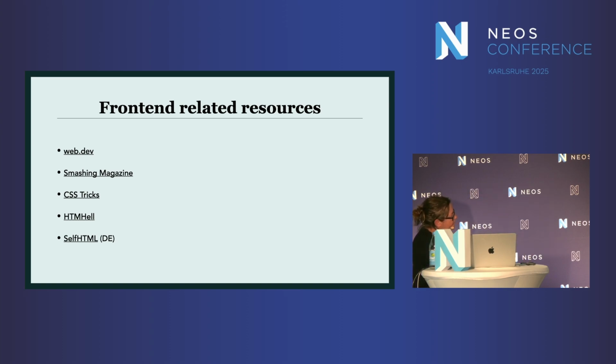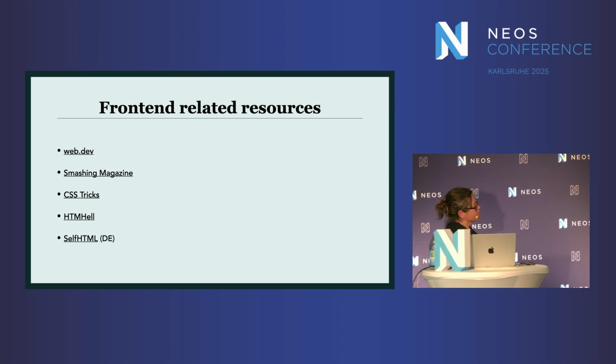CSS-Tricks does not have that much HTML content, but I want to mention it because, in general, for all the CSS and JavaScript trickeries and solutions they present, they always keep or try to keep accessibility in mind. And they had died, but it's alive again. So CSS-Tricks is still a thing to check out.